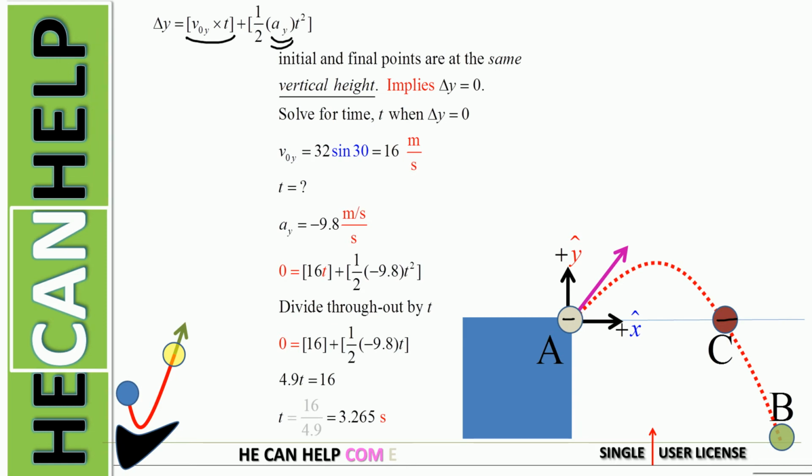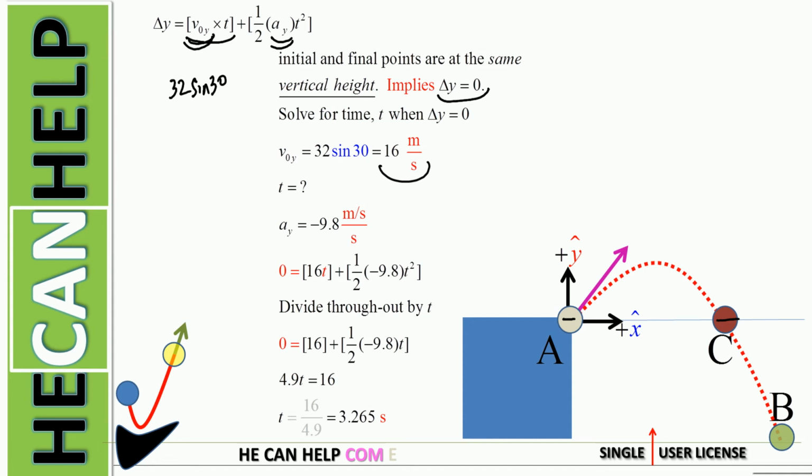It means that change in y between points A and C is equal to 0. We also know the initial velocity along the vertical, and that is 32 sine 30, which is 16 meters per second.